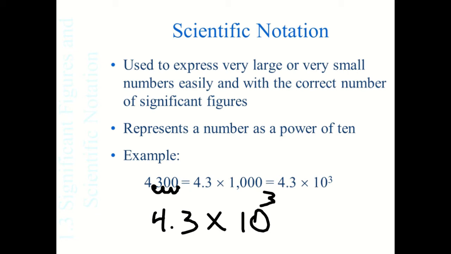Okay, so 4.3 times 1,000, and I get 4,300. So this is how I write scientific notation. It's a way of simplifying a number that's really big so that we don't have to enter that really big number into our calculator. We can just enter a really small number into our calculator. Okay? And that makes it easier to work with. All right?